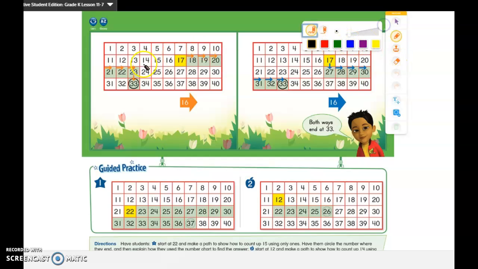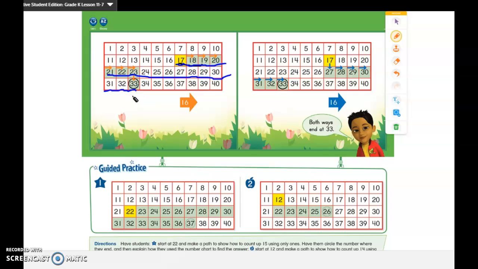So I'll take a blue and say, instead of doing what they did, we could say, oh, why didn't I have blue? I wanted a blue marker. There we go. Okay, so we could count up 1, 2, 3, 4, 5, 6, 7, 8, 9, 10, 11, 12, 13, 14, 15, 16, and get up to 33. We could do it that way.